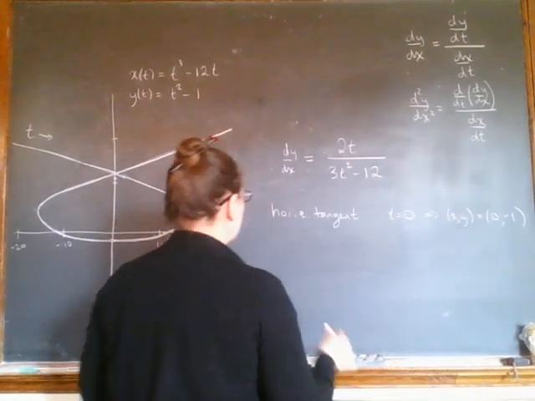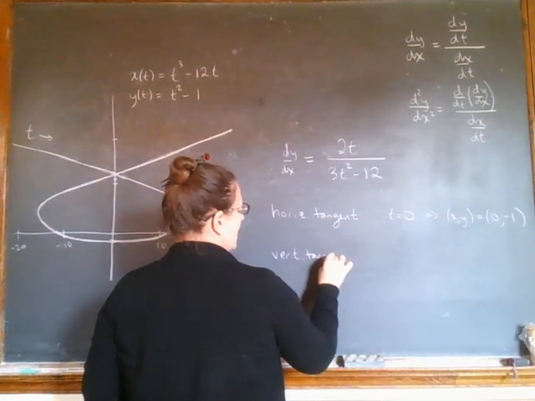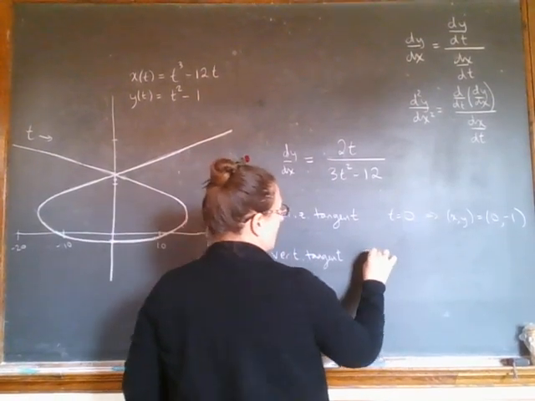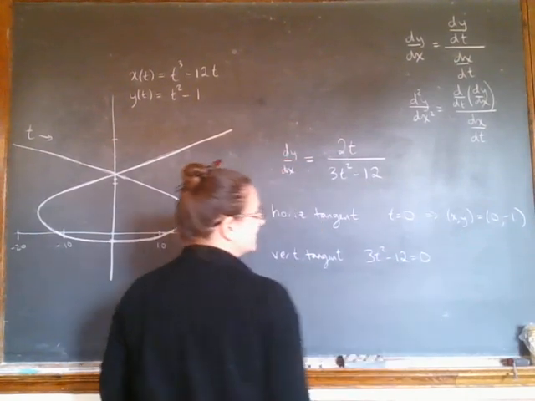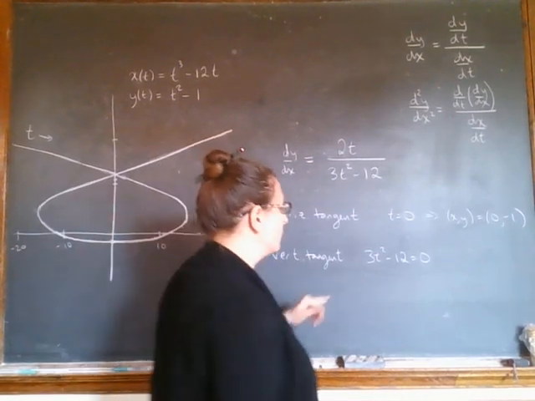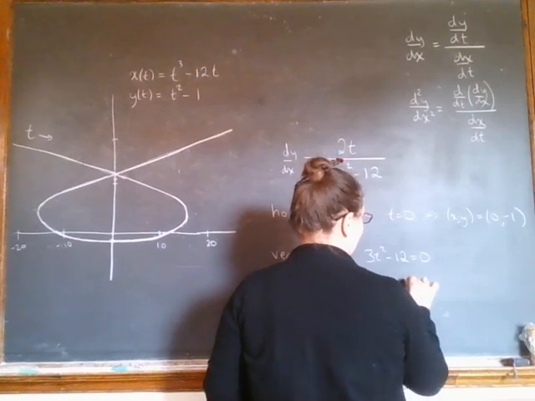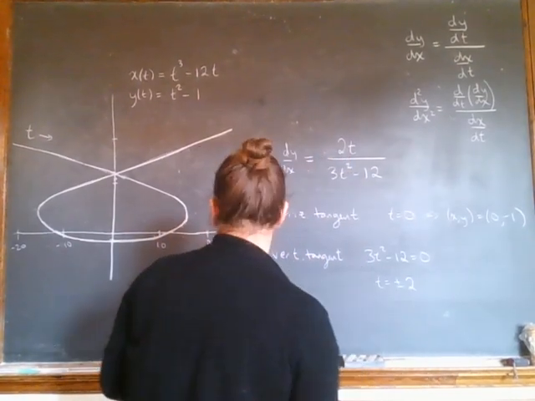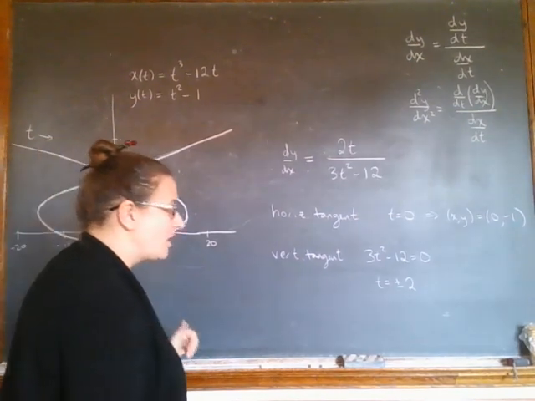Okay? Now for my vertical tangent, I'm going to have my bottom be 0, and again, where the bottom is 0, my top is not going to be 0. So that will correspond to t equals plus or minus 2. Okay, so I have to find what x values that corresponds to.